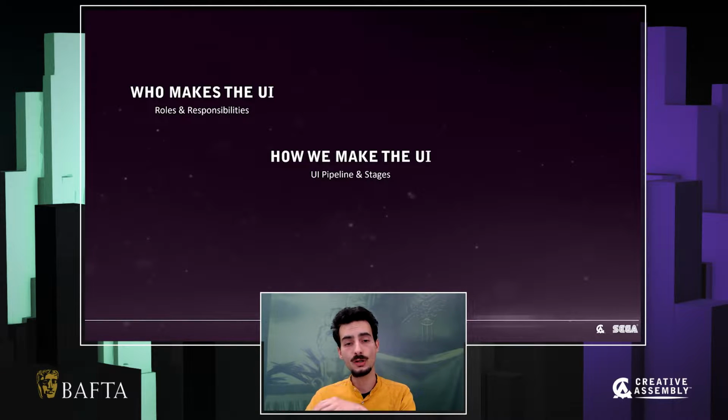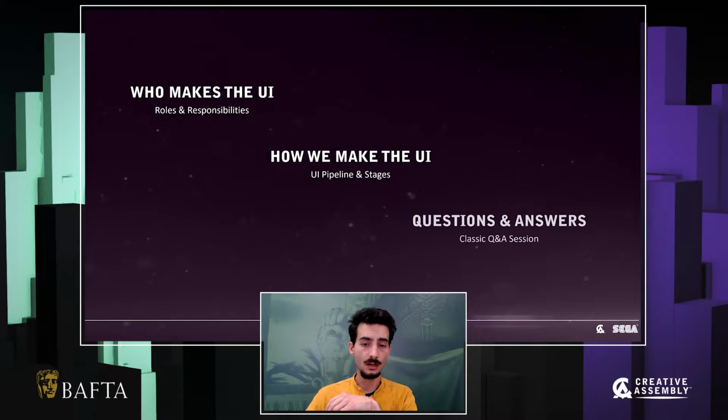We're going to take a look at our complete UI pipeline that we use in our day-to-day work. We're going to cover each of the different stages in detail. We're going to go through why they're important, what we're doing during them, and what the end goal of each stage is. And then at the end, we're going to have a questions and answers segment.